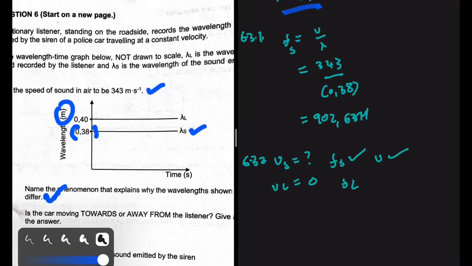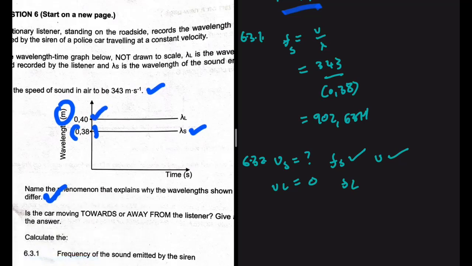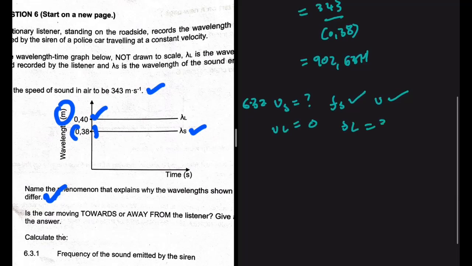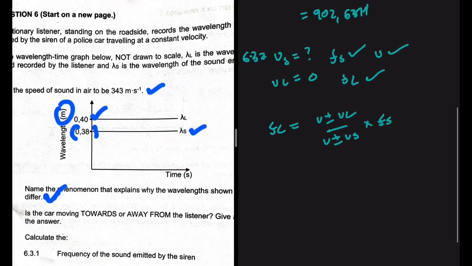We can calculate that because we are given the wavelength, right? So with these variables, we can say FL is equal to V plus or minus VL, divided by V plus or minus VS, multiplied by FS.